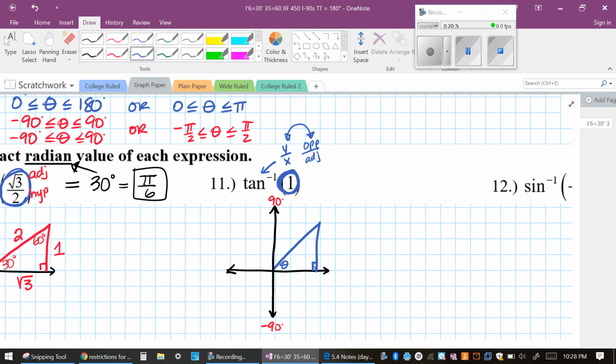It's also opposite over adjacent. So opposite over adjacent has to be 1. So this is a 45, 45, 90 triangle. Your angle that you were trying to find is 45 degrees, but in radians, it's pi over 4.